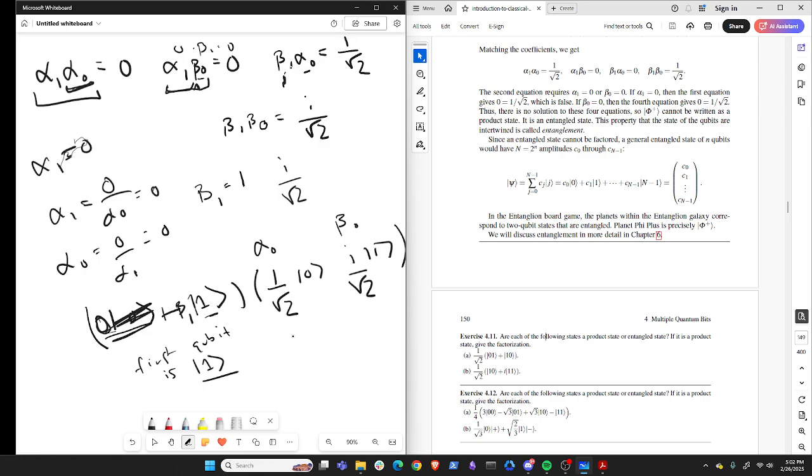And let's verify that this is normalized by taking the norm squares here. So that gives us 1/2 plus 1/2, which is 1. So the first qubit is not in superposition, it's just in state 1 with 100% probability.